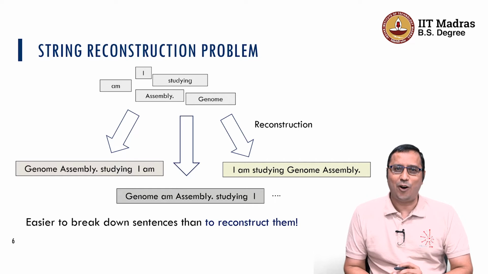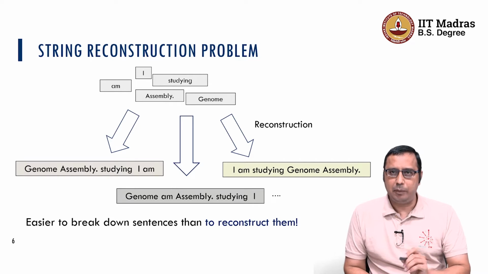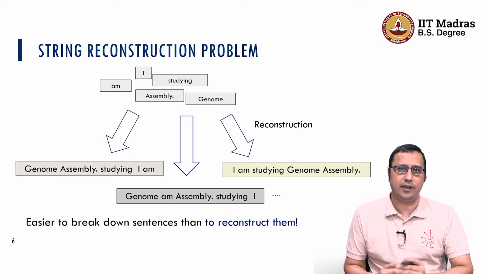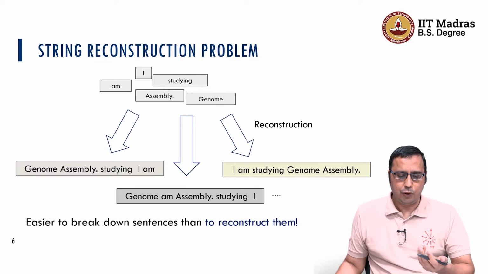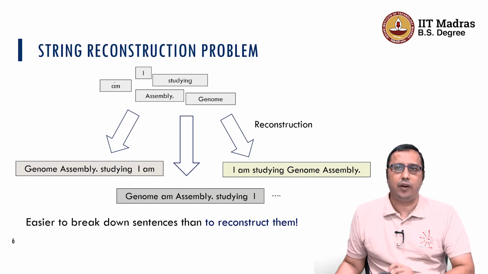Of course, it is always easier to break down than reconstruct. One of the reasons we cannot reconstruct in a straightforward manner is that we have multiple options and we do not know which option is correct, or indeed which sentence was used to get these words.